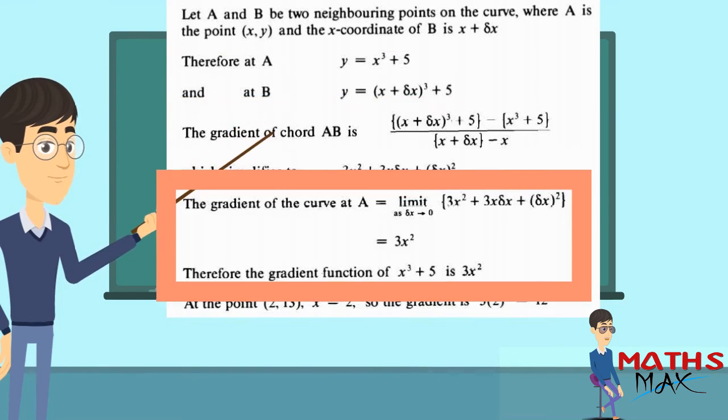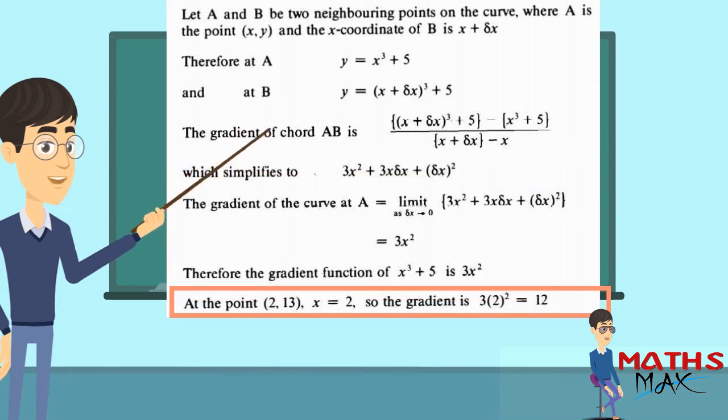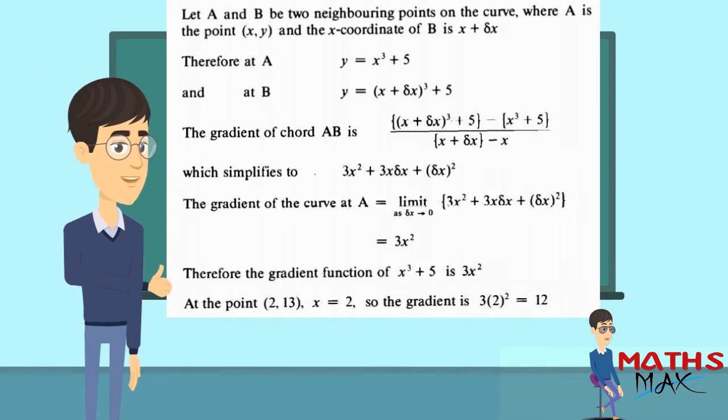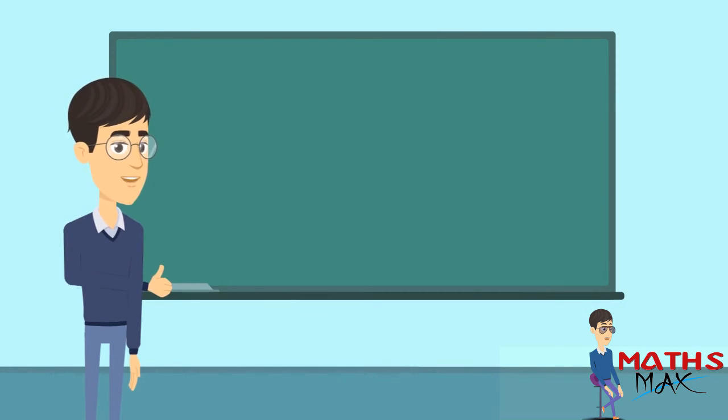If B is close to A, then we know delta x is close to 0, so find the limit. Then you can obtain the gradient function of the given curve. Then you can find the gradient at any point on the curve. You just need to substitute x values into the gradient function. Okay, that's how to solve this kind of question. I put some exercises for you, the link is in the description. At this stage, try to do exercise 1.